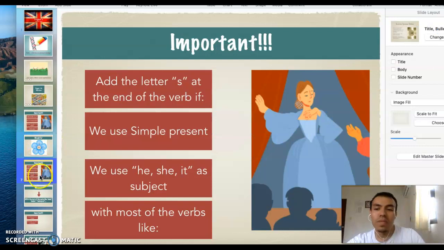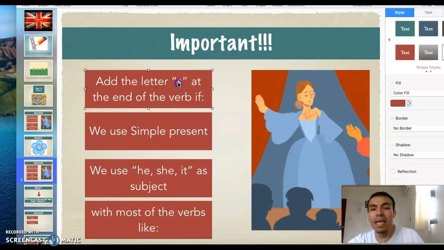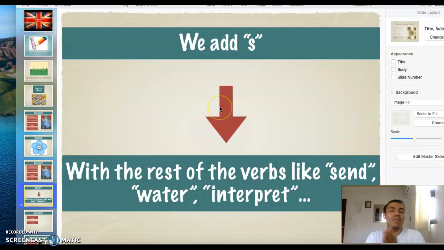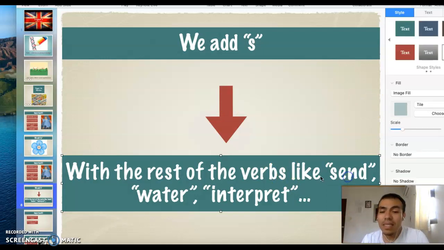Number two, case number two: add the letter s at the end of the verb if we use the simple present with the subject he, she, or it, and with most of the verbs, the rest of the verbs like send, water, interpret, etc.